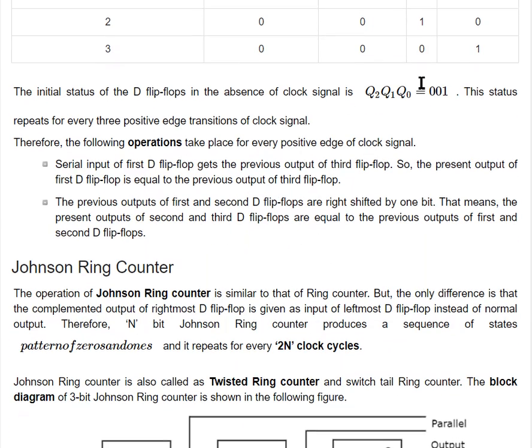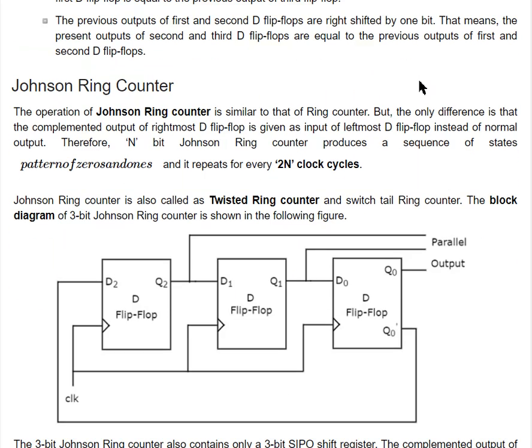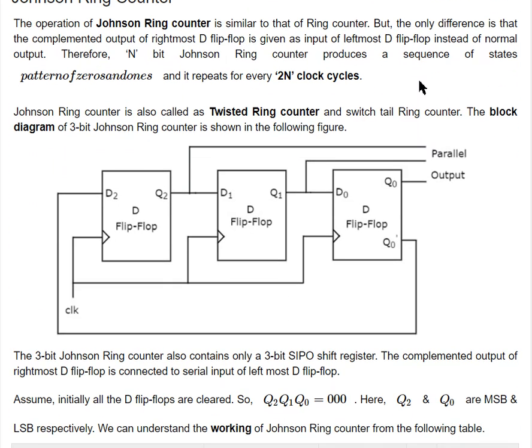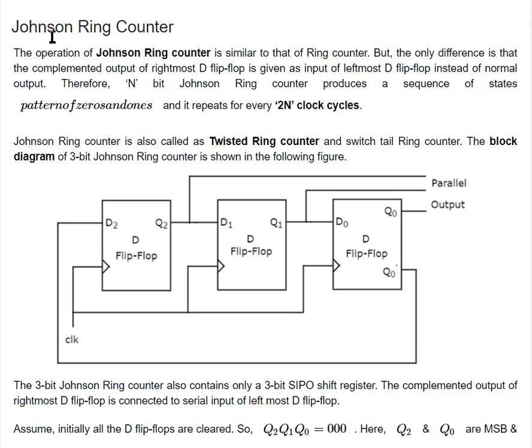This is all about your ring counter, and the next part is the Johnson ring counter. It is also called a twisted ring counter. The only difference is that instead of the Q0 output being assigned to the D flip-flop, here the complementary output Q0 bar is assigned. So the second application is your Johnson ring counter.